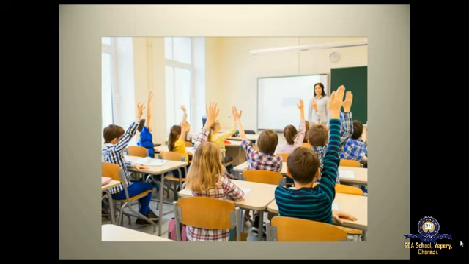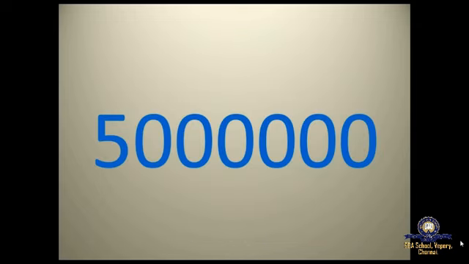In the class, the teacher asked how much is rupees 5,000,000. Here, Kushi replied it's 50 lakhs and Aman replied it's 5 million. So who is correct? Kushi replied it's 50 lakhs in Indian number system and Aman replied it's 5 million in international number system.